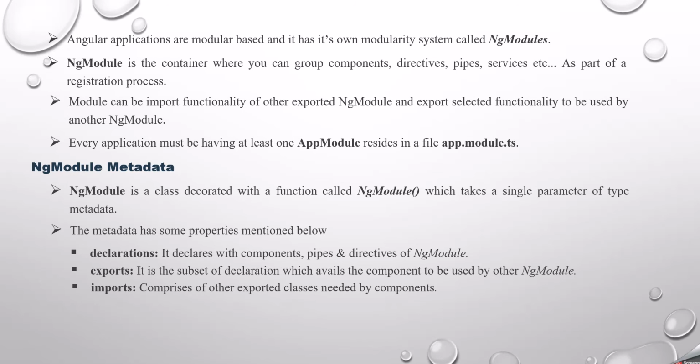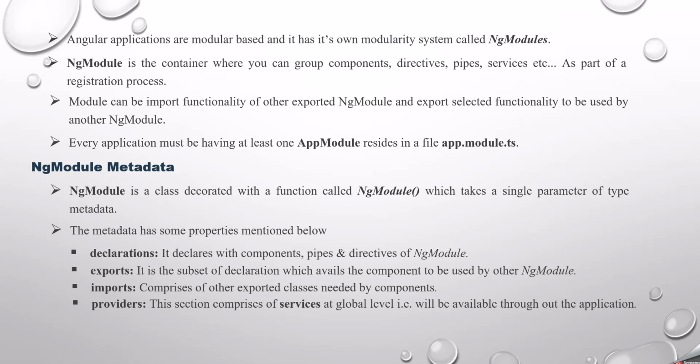That's it. The next one is called providers. This is the section where you are going to register your services, basically. Often it's suggested that you can have your services registered at component level itself. No need to worry about it as of now if you are completely new to Angular.